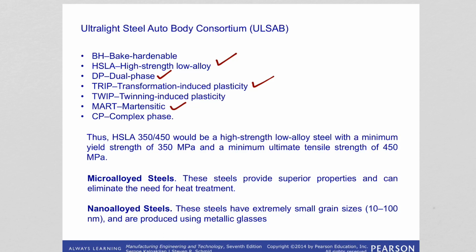So for example, if we have HSLA 350/450, that means it is a high strength low alloy steel with a minimum yield strength of 350. The first number represents the yield strength in megapascals, and a minimum ultimate tensile strength of 450.